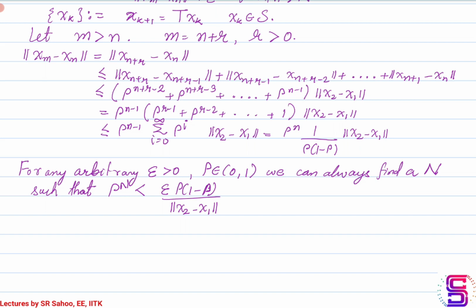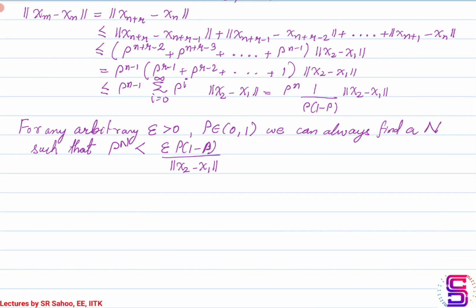Why? Because if the epsilon is such that the right hand side is more than 1, then any value of capital N would do, because rho is less than 1. If the right hand side is less than 1, then you can always find a capital N so that rho to the power N is less than that. So that is why we can always find an N so that this relationship is satisfied.